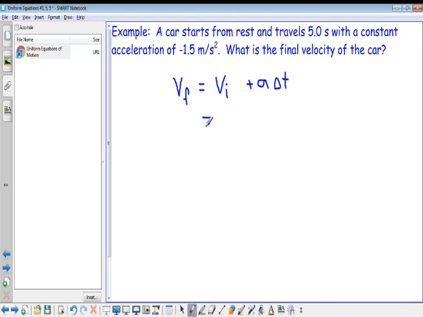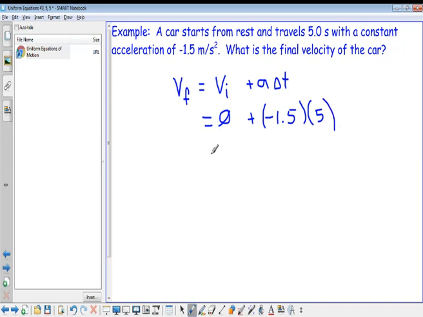So I'm solving for VF. VF is already isolated on the left side of the equation. VI is 0 because it's starting at rest. My acceleration is negative 1.5 meters per second squared. And last but not least, my time is 5 seconds.